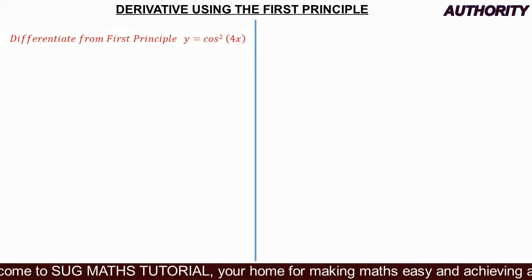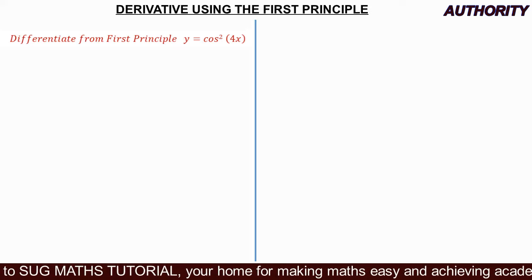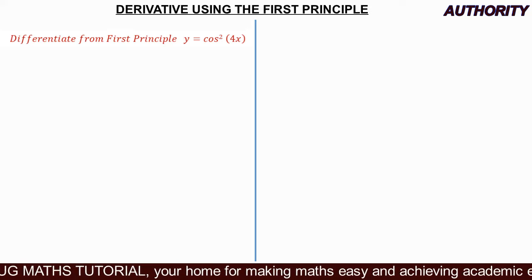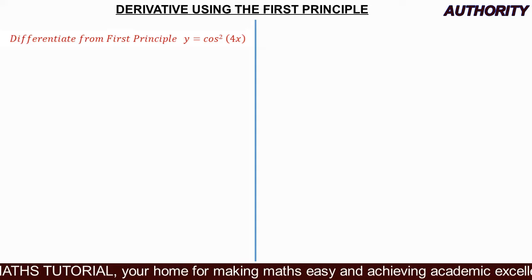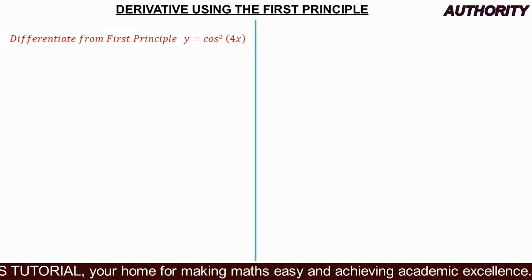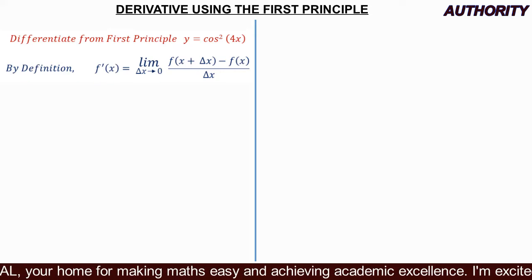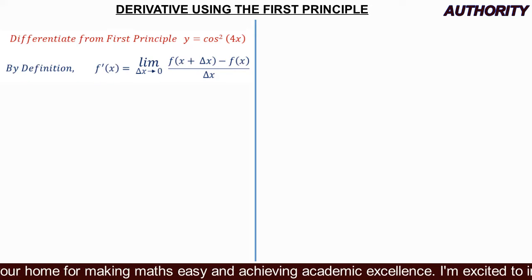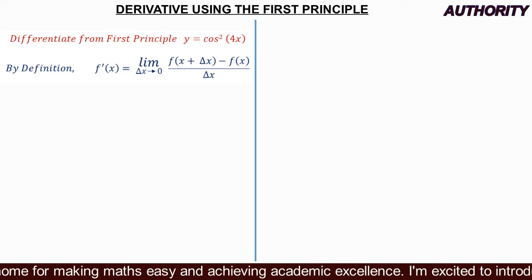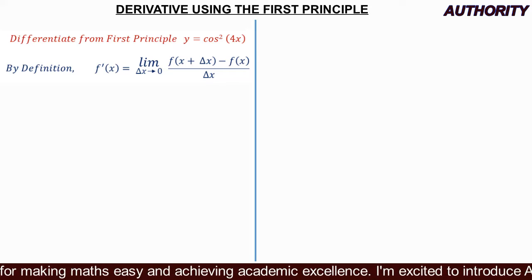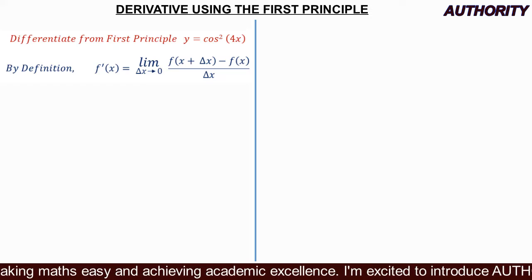When we are talking about first principle, we are talking about by definition. So what do we mean by definition? When we are talking about derivative, f prime of x is the limit as change in x approaches 0, f of x plus change in x minus f of x all over change in x.